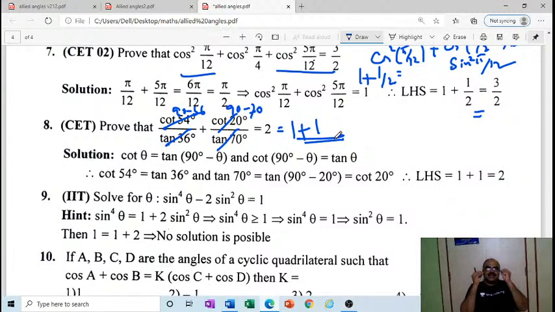The moment you see that, it must come to your mind. Cot 54 is tan 36. Tan 70 is cot 20. If this is clear, no way you will make mistake. You will get the answer as 2.